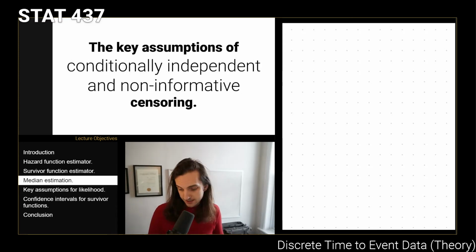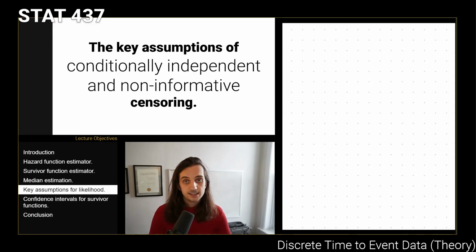The next thing that we want to discuss is this idea of the assumptions that are related to our likelihood derivations, and more specifically looking at how we can simplify down the likelihood expression based on everything that we've seen.